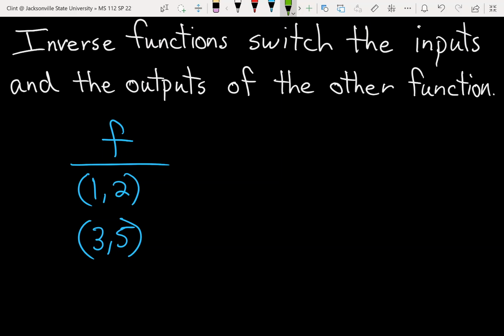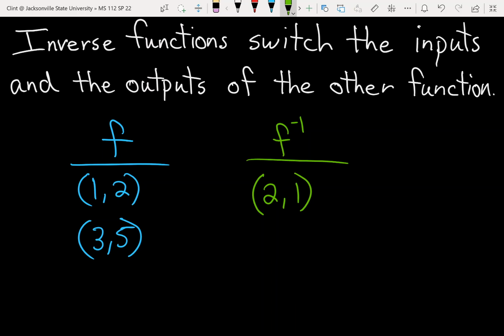Then on the graph of f inverse, it's got to switch things. It's got to switch the inputs and outputs. So because we know the point 1 comma 2 is on the graph of f, the point 2 comma 1 has got to be on the graph of f inverse. And you just switch the x's and y's.